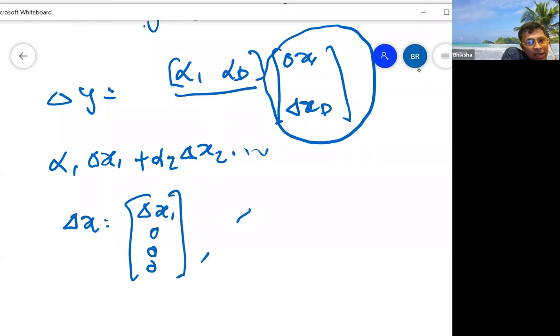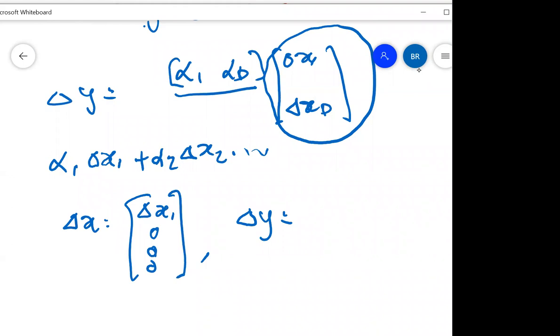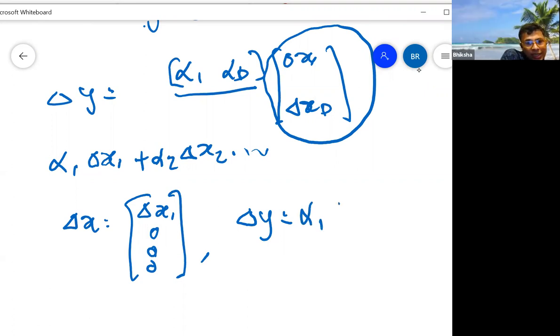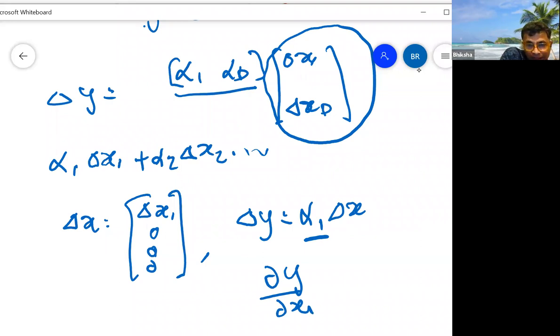In this case, what is delta y? Alpha 1 delta x1. It's just going to be alpha 1 delta x1, right? So in this case, alpha 1 is what we will call the partial derivative of y with respect to x1, which tells you how much y will increment when only x1 is incremented and the rest are not incremented.